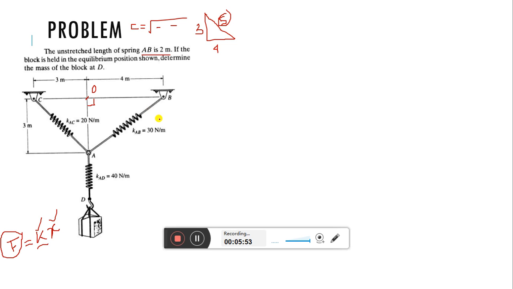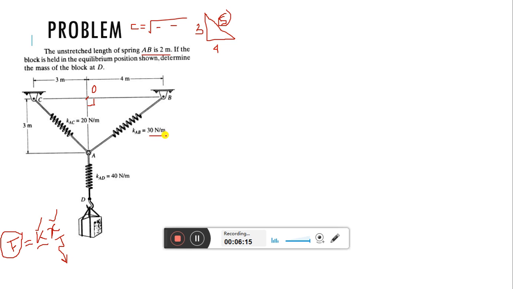Now what is the amount of extension, that is x. So amount of extension is 5 minus 2, that is 3 meter. Okay, now if you have extension, if you have stiffness, can you calculate the force here? Obviously you can calculate.